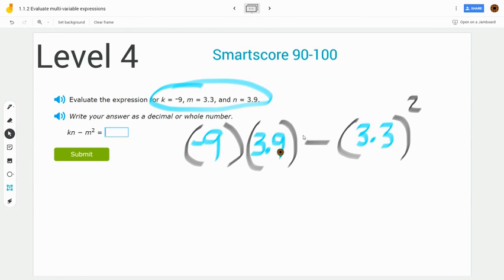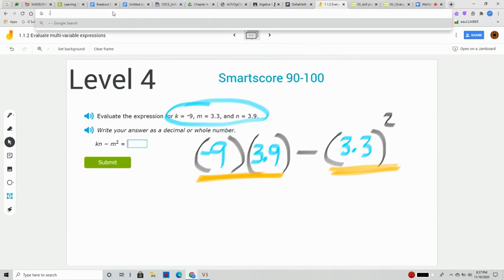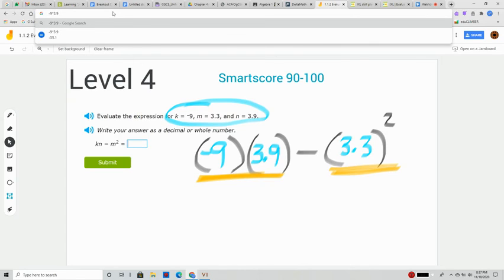So we can actually do two steps at once here. We can do the exponent, and we can multiply, because they don't impact each other, even though exponents are technically done first. And to be honest, I will need a calculator to do these. So negative 9 times 3.9 is equal to negative 35.1.